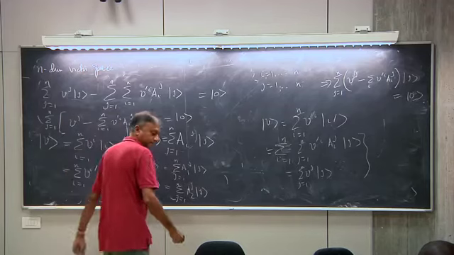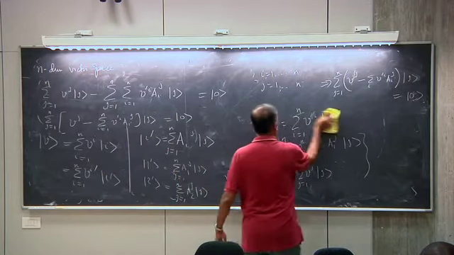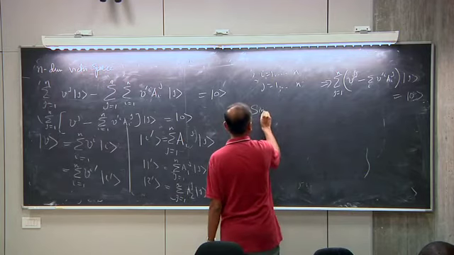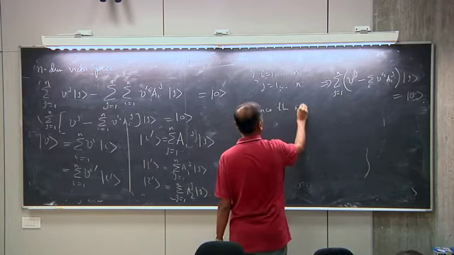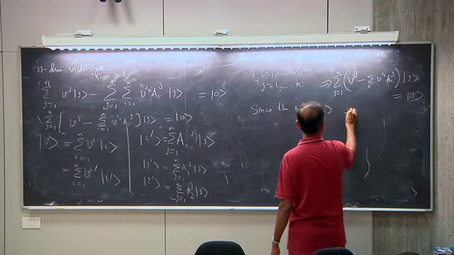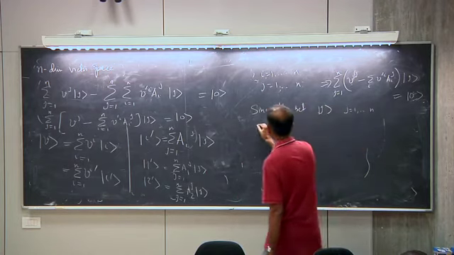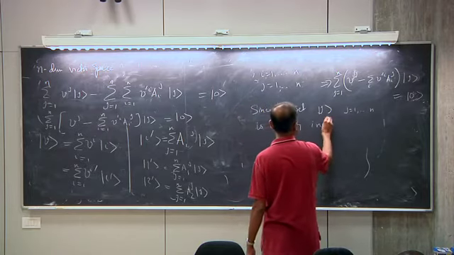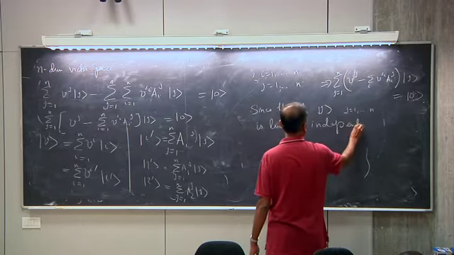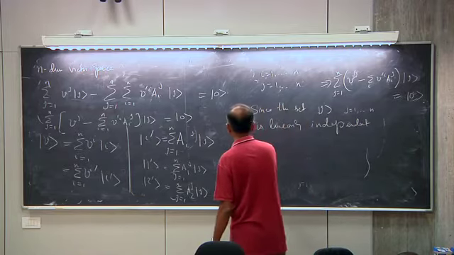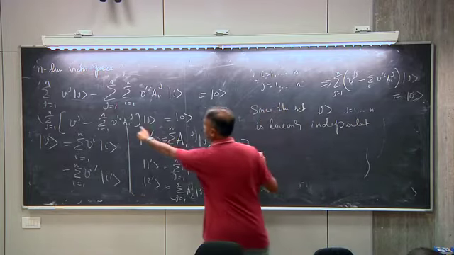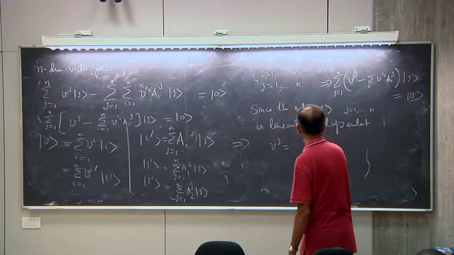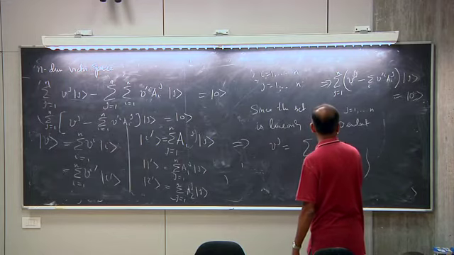So since the set j with j equal to 1 to n is linearly independent, this implies that each of these coefficients must be 0, which means that vj must be equal to sum v prime I aij.